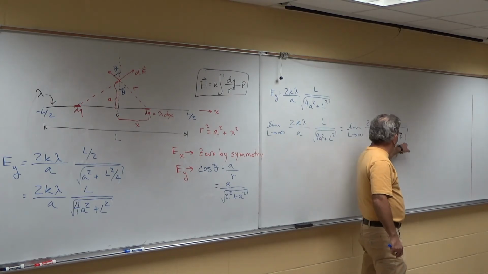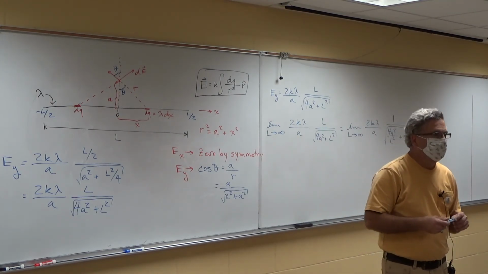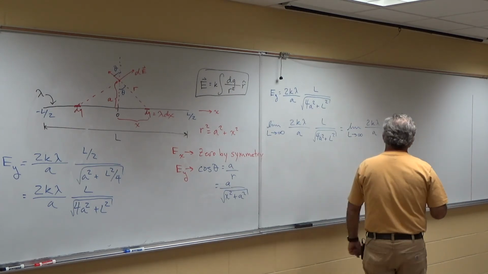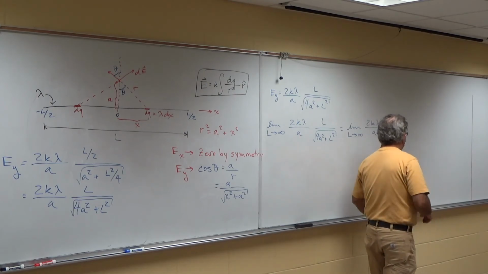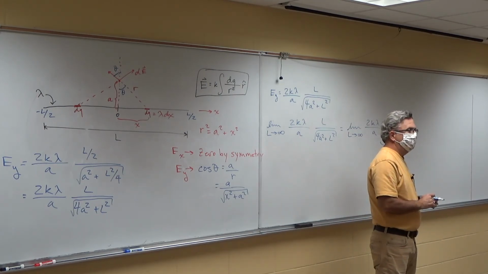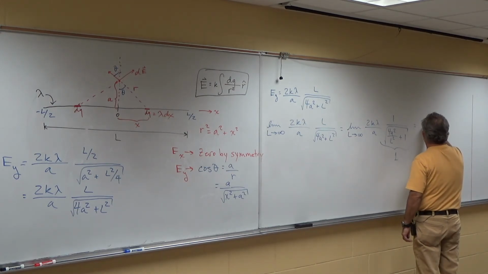The limit of 1 as L goes to infinity is 1. So this whole thing goes to 1 in the limit, and this is equal to 2k lambda over a.